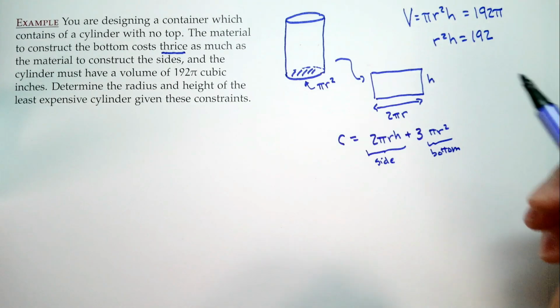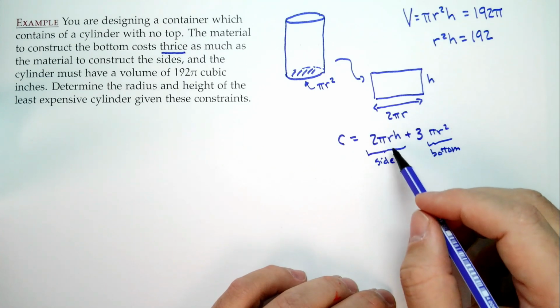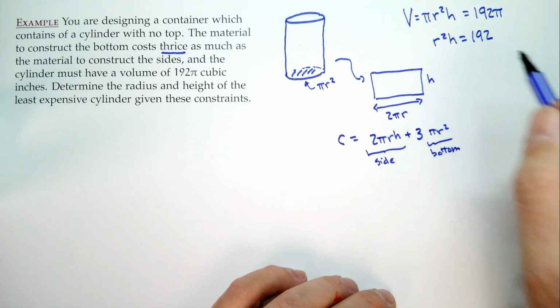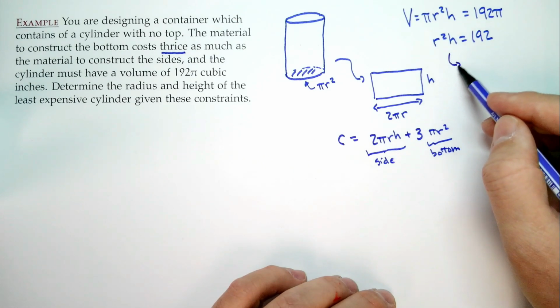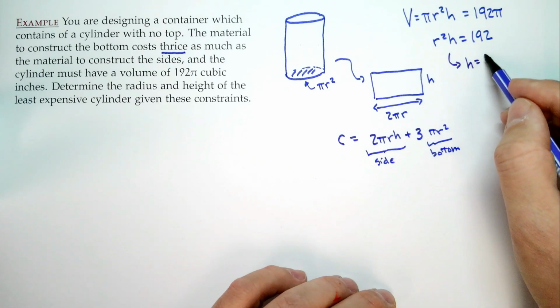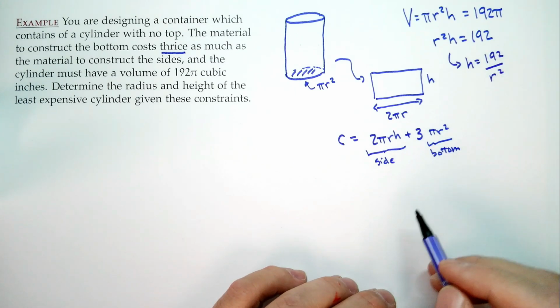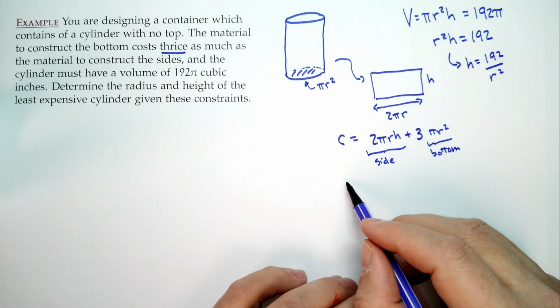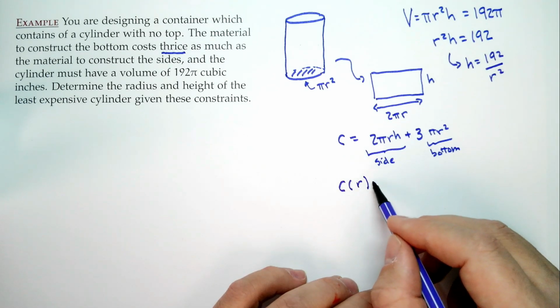Now, our challenge here is that we have this h. So we really have 2 things, r and h. So what we're going to do is, let's get rid of the h. So coming back up here, I can solve for h and say it's 192 divided by r squared. So now we're going to get cost only in terms of r.